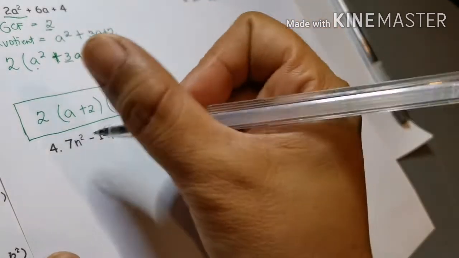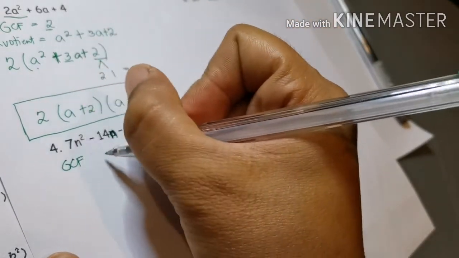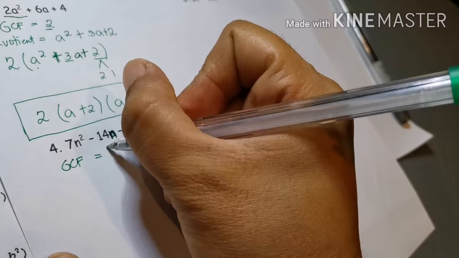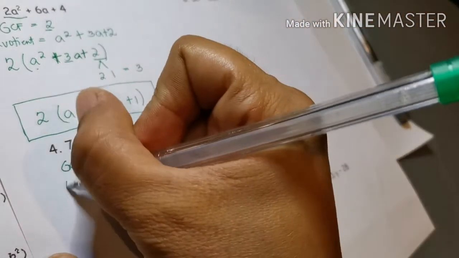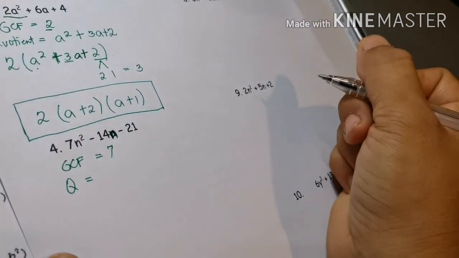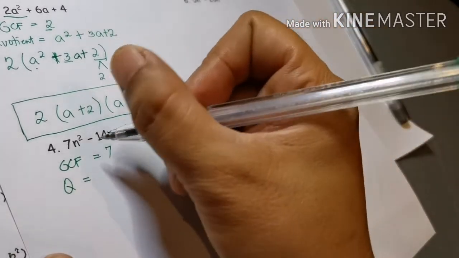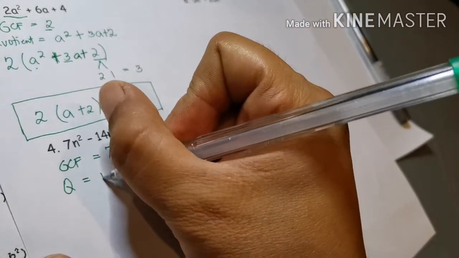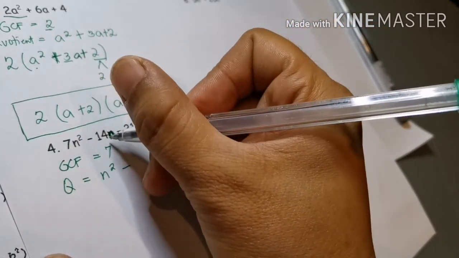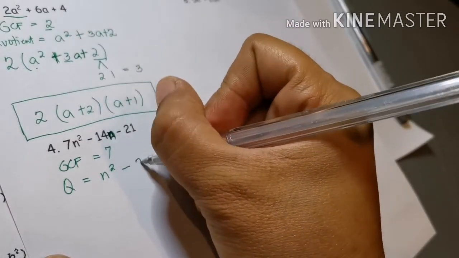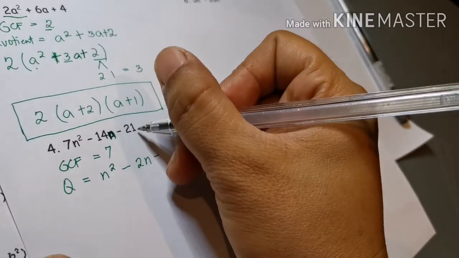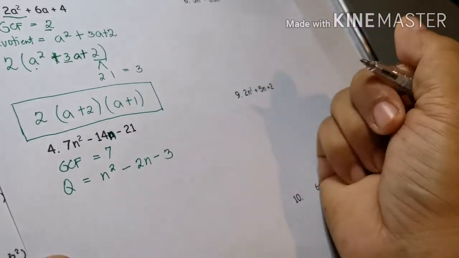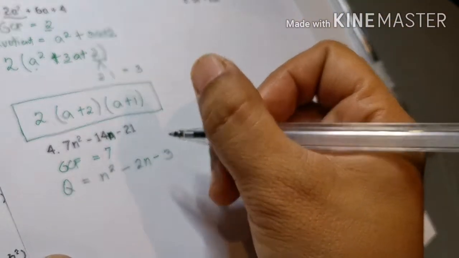Yes, we do. Our greatest common factor is equal to 7. So again, we're going to find the quotient. 7n squared divided by 7 is n squared, minus 14n divided by 7 is 2n, minus 21 divided by 7 is 3. So this is our quotient.